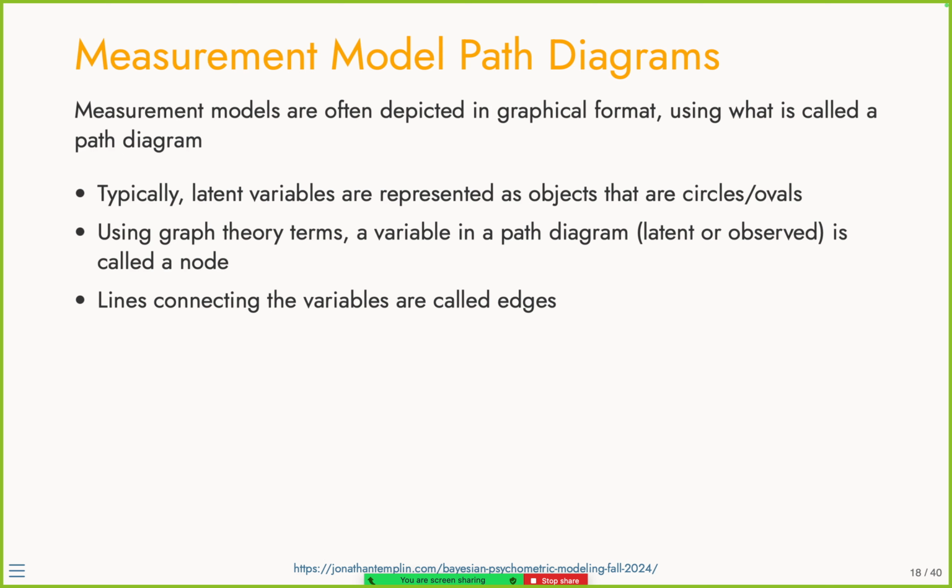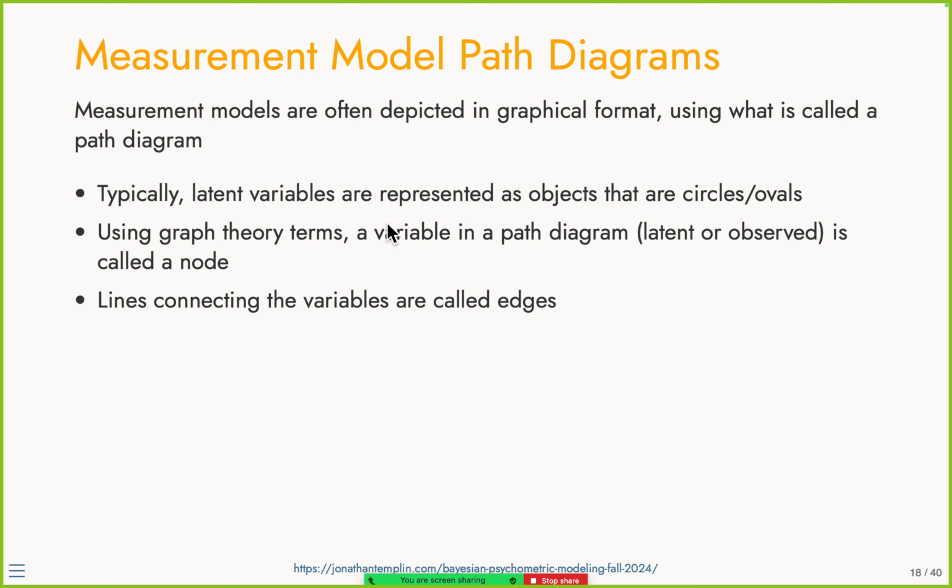So let's talk about measurement models depicted by path diagrams. Often measurement models, we show in a graphical format using what's called a path diagram. In this format, we often have latent variables enclosed in circles, and observed variables that are boxes, squares, rectangles, whatever you name it.